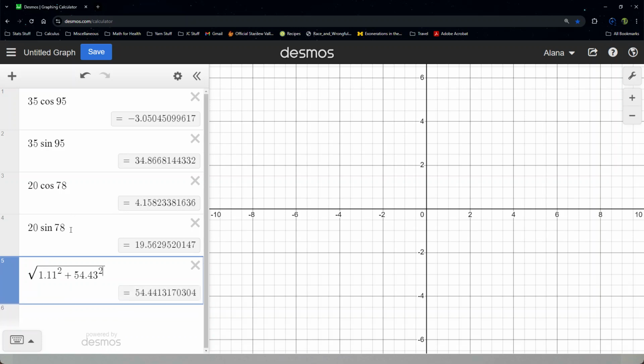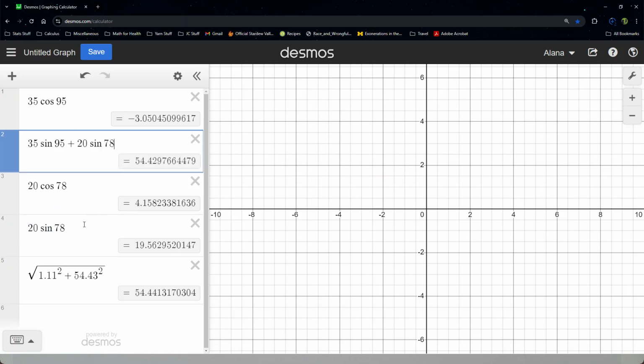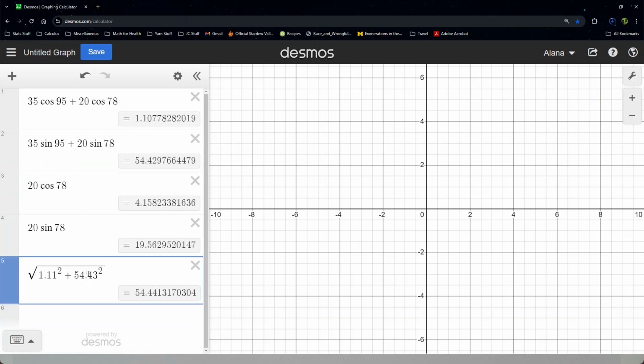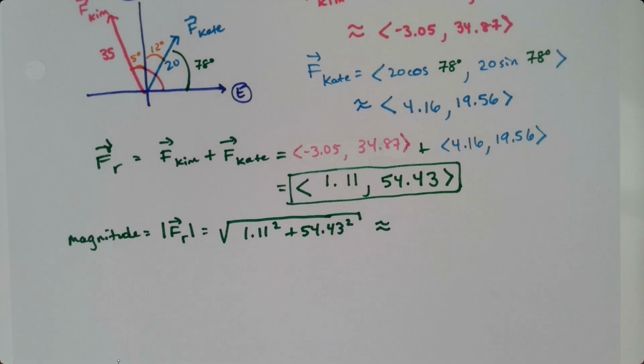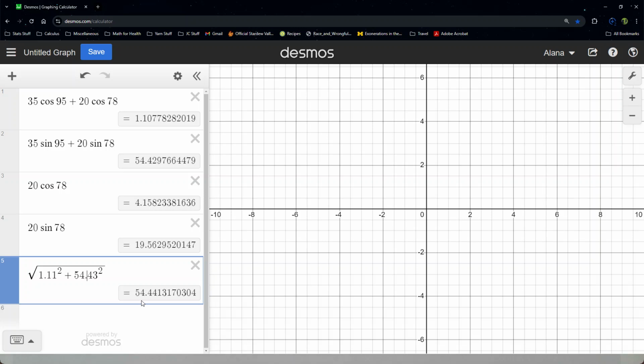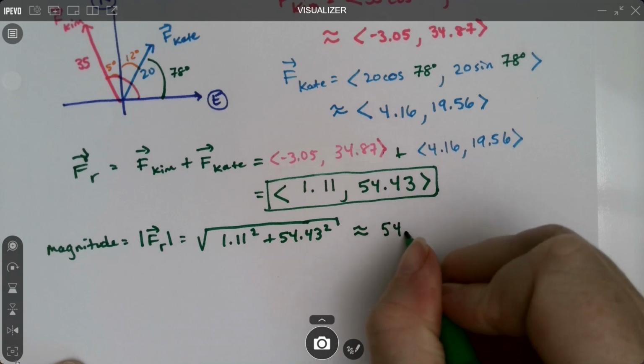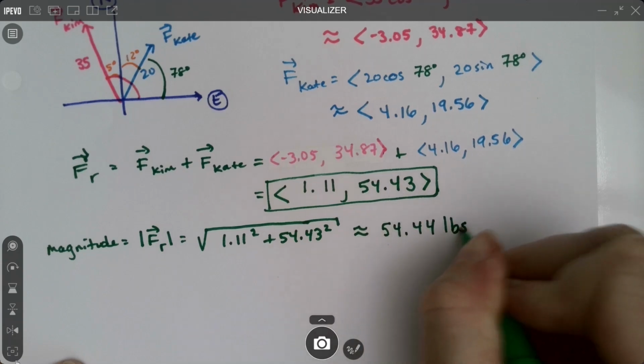And just out of curiosity, let's see if I was right. So, yep, 54.43, and I can leave that there. But the other one was 1.11. So there you go. I'm rounding a bit, but that's okay. Oops, I already lost the answer. It's 54.44. And that, in this case, would be pounds, because they mentioned pounds as the unit. So it'd be 54.44 pounds.